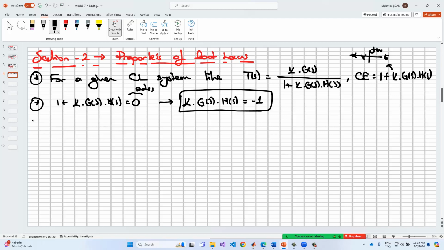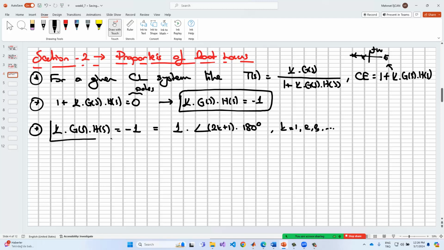Our third deduction is that k times G(s) times H(s) must be equal to minus 1, or in polar coordinates, we have (2k plus 1) times 180 degrees in here. So we have the magnitude values just like this one.